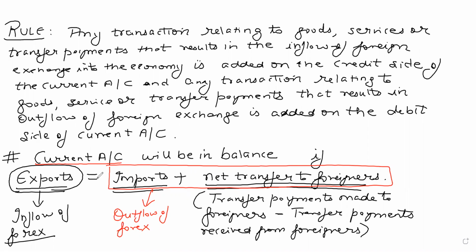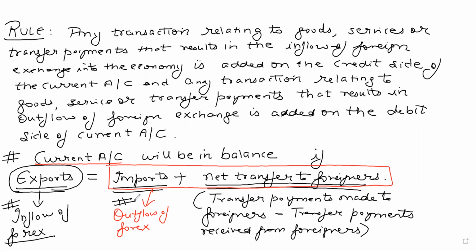So this would be an equilibrium situation or a stable situation where the inflow of forex into the economy exactly equals the outflow of forex from the economy. But no economy in the world has the current account in balance. Either economies are running a surplus or they are running a deficit with respect to the other economies.